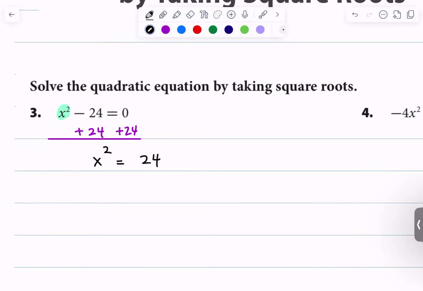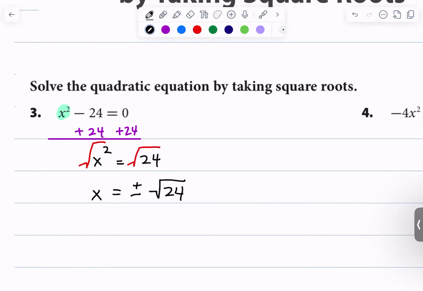And then, before we think to ourselves, we're going to take the square root, right? Just to get rid of the squared. Equals, remember when we take the square root, we need that plus or minus square root of 24, right?